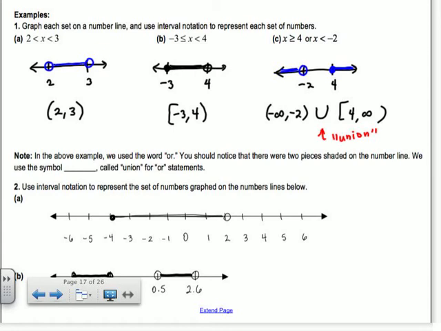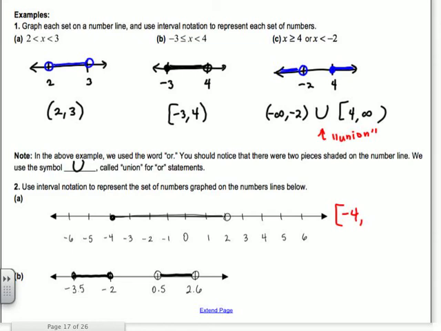Okay, number 2, so use interval notation to represent the set of numbers graphed on the number line below. Okay, so interval notation, so I'm going to start at -4, and I include it. So do a bracket, -4, comma, you go all the way to 2, and that's a parenthesis because you don't include 2.